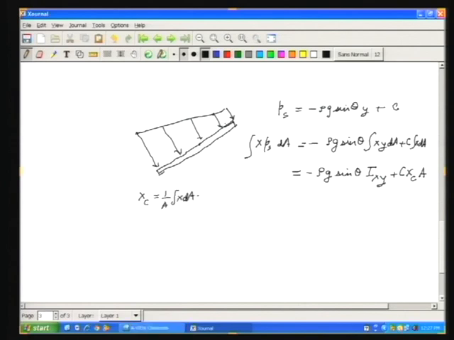So, this integral x dA I can write as the x coordinate of the centroid into a, and again you can see why we have put the origin at the centroid, because then you have a compact expression where this is 0. So, you are going to have xCp is equal to minus rho g sin theta I x y divided by f r.